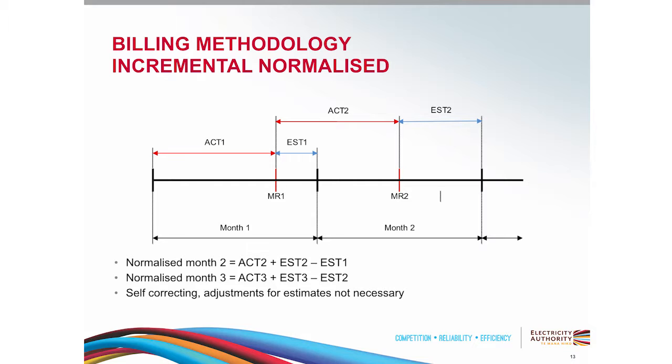So it all becomes self-correcting. So if you have a difference, you've got an estimate here that's incorrect, the next meter reading is going to correct it. So as far as corrections go, incremental normalised keeps correcting itself as it goes on.